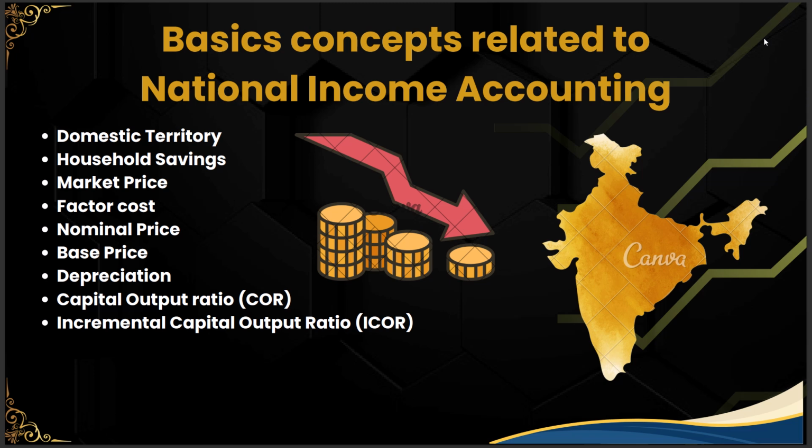In the incremental capital output ratio, we see how much money is needed to produce 2 kg of tomato. So that is the increase in quantity and how much it will increase the capital. That is what the incremental capital output ratio brings in.